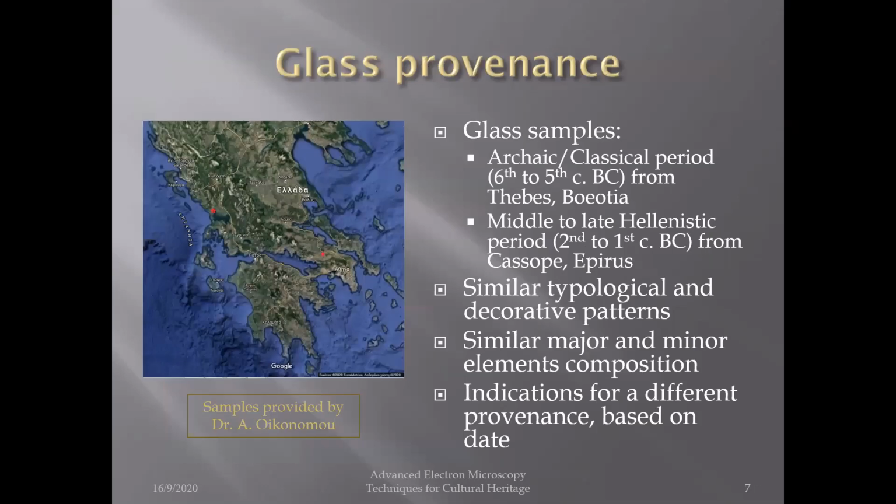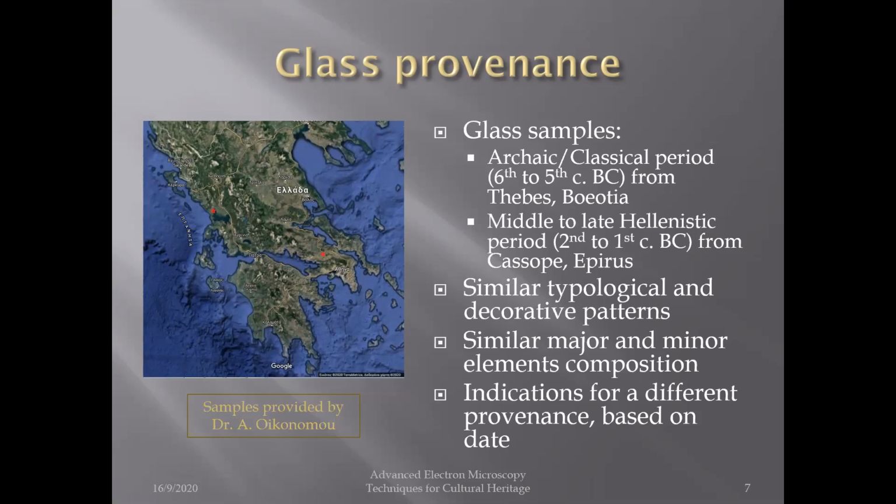Now, let's move to a better example of the application of CMCL. This is an effort that we have started in order to apply this technique for the provenance of glass samples.